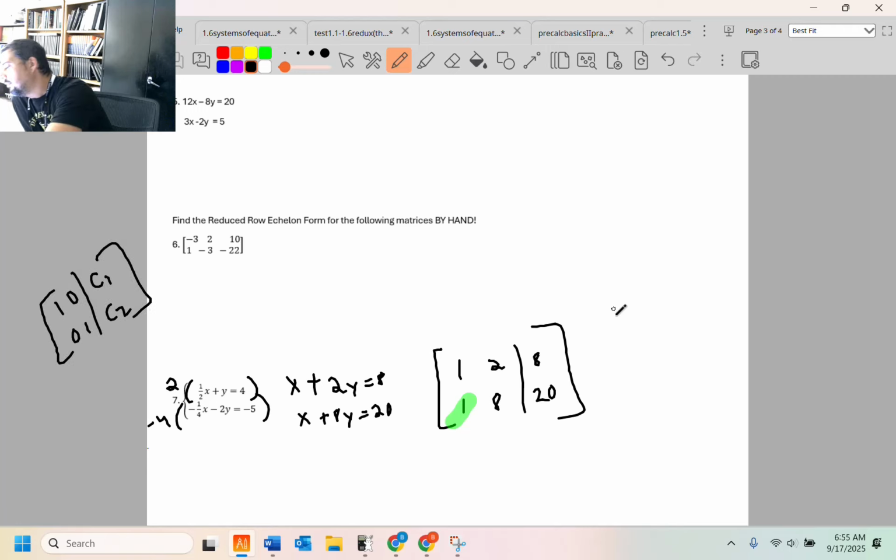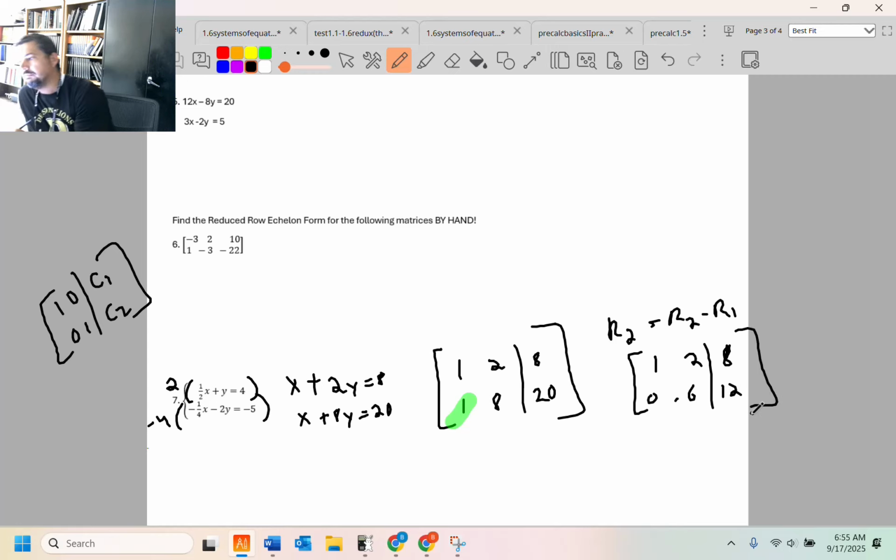So row 2 is going to be row 2 take away row 1, because 1 minus 1 is nothing. I already have a 1 here like I want. So 1 take away 1 is 0. 8 take away 2 is negative 6. 20 take away 8 is 12. 2 moves and this one's done.